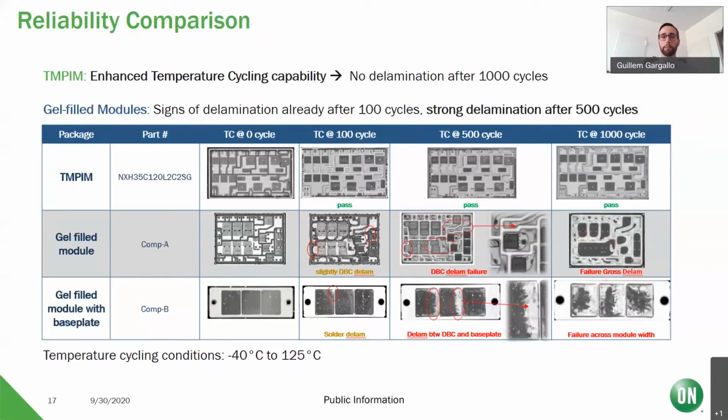At the same time, in the base plate modules, in some areas there is even almost no solder material left between the DBC and the base plate. So this is already a strong sign that for temperature cycling, the transfer molded PIM with the existing technology has much better performance than some of the gel film modules available in the market.